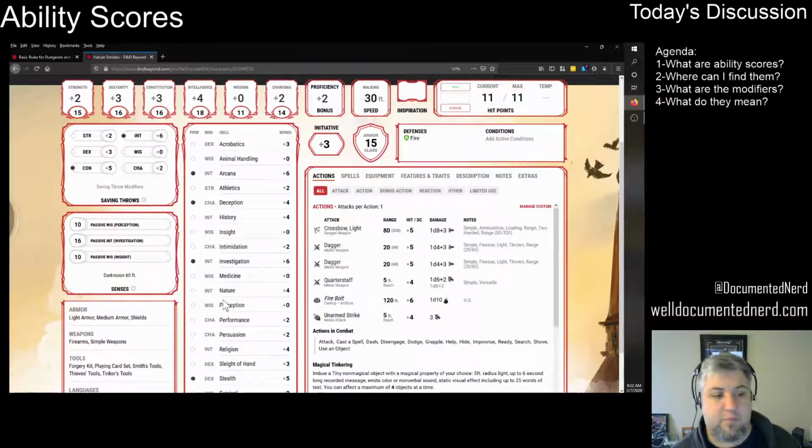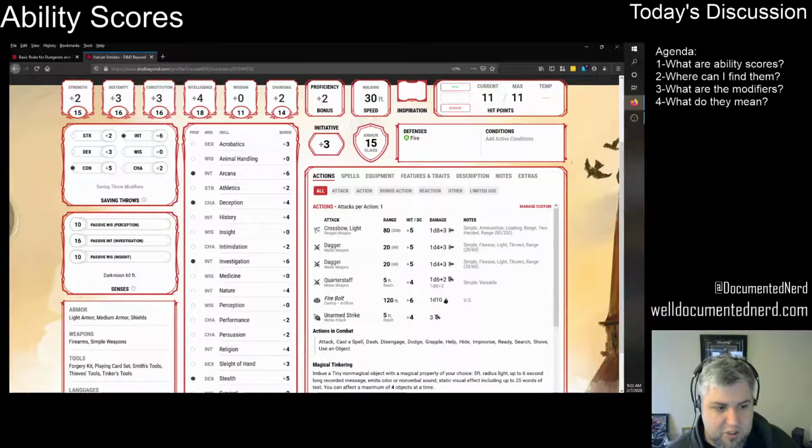Things like wisdom for nature or for medicine. Understanding the human body, understanding what you're looking at, knowing how to treat it is a very wisdom-based skill. But you'll see things like performance or persuasion. These are charisma social skills. They're off charisma. Now, what are the 2 most common skills I hear the most in every D&D campaign?